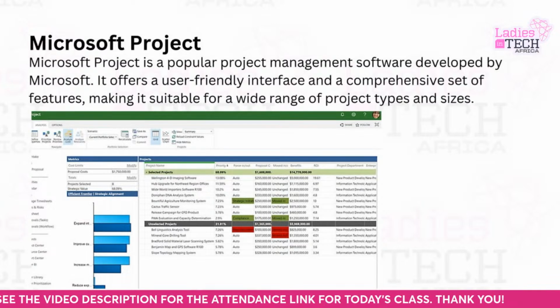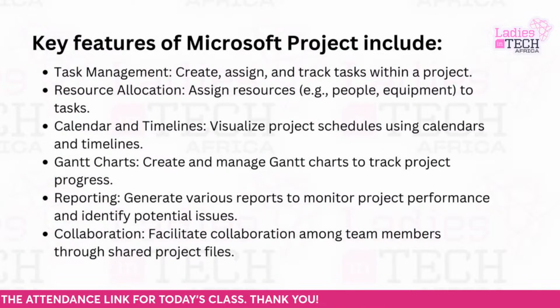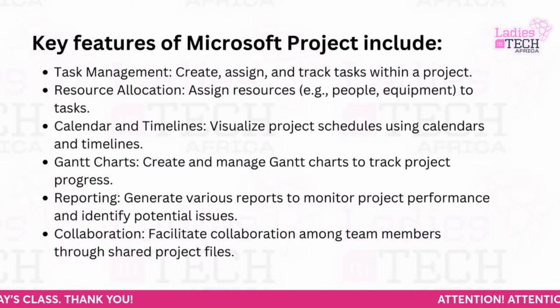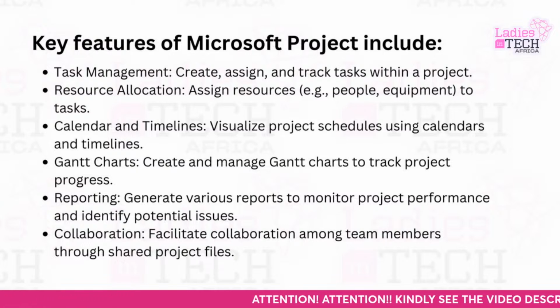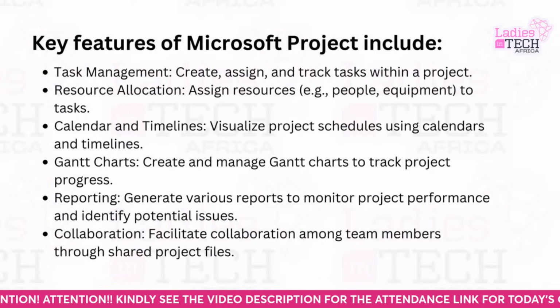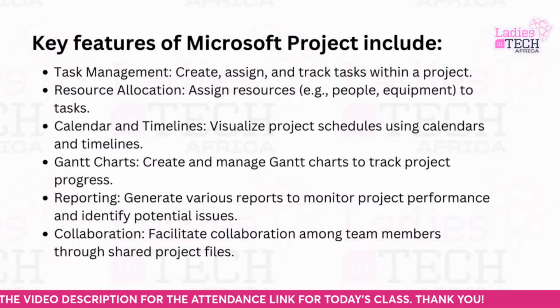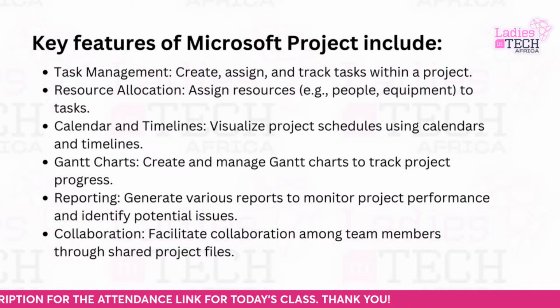So let's move away from MS Project. These are key features, like I mentioned, that you'll be seeing in MS Project. You'll be seeing task management, which is to create, assign, and track tasks within a project. We also have resource allocation: assign resources, people, and equipment to tasks.